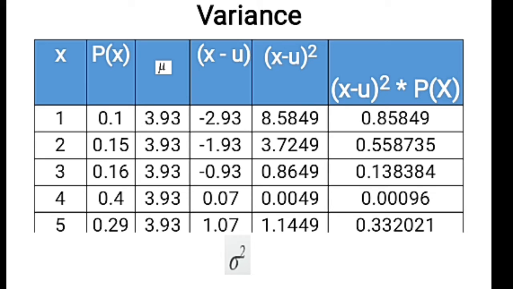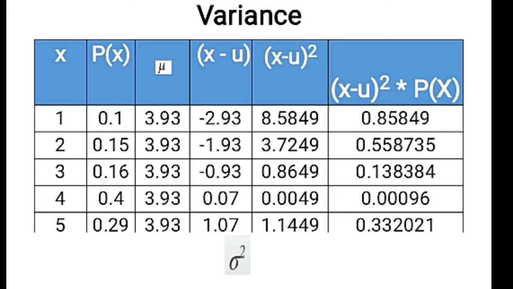Negative 1.93 times negative 1.93 is 3.7249. Negative 0.93 times negative 0.93 is 0.8649. Then 0.07 times 0.07 is 0.0049. Then 1.07 times 1.07 equals 1.1449.